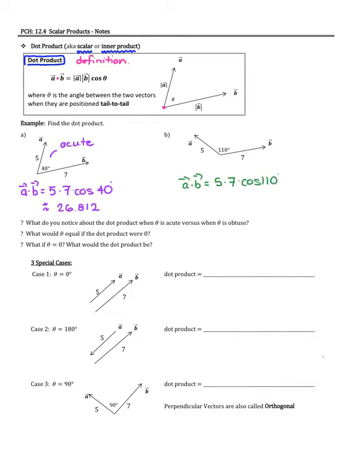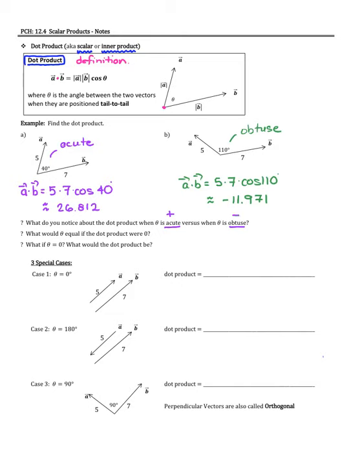Well, we know that cosine in the second quadrant is negative, so it makes sense that if you happen to have an obtuse angle, then your dot product is going to be a negative number. All right, that's pretty straightforward calculation-wise. So whether it's acute, you will have a positive dot product, and when it is obtuse, you will have a negative dot product.